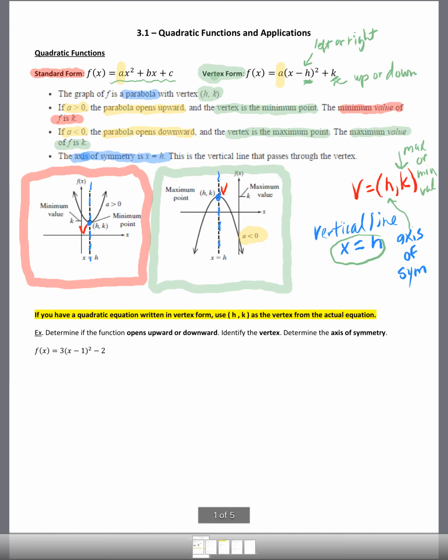So in this first example here, they want us to tell them, do you think that the function is going to open upward or downward? Then identify the vertex and then determine the axis of symmetry. At any time at all, you are more than welcome to go and graph this in the calculator. If we go to the calculator, we would use our Y1.